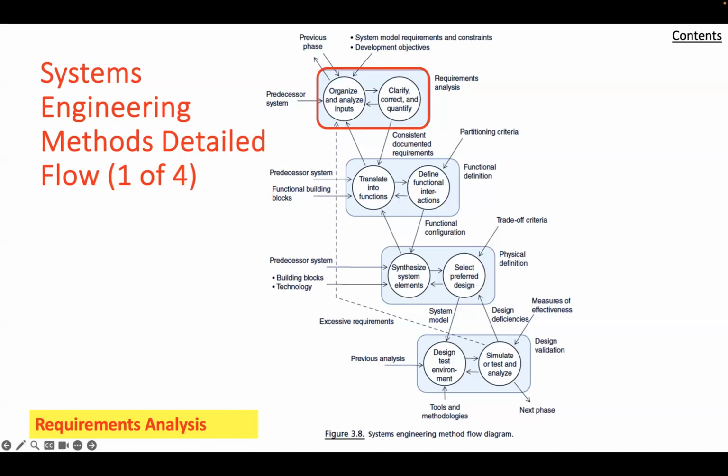In practice, the completeness and accuracy of these inputs can be expected to vary with the nature of the system, its degree of departure from predecessor systems, the type of acquisition process employed, and the phase itself.